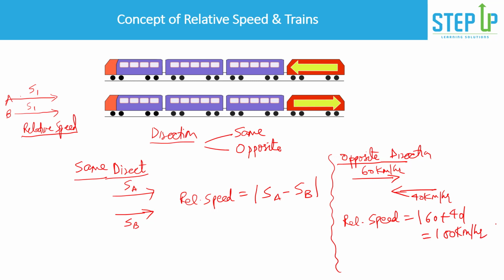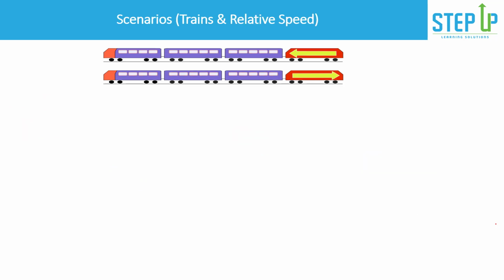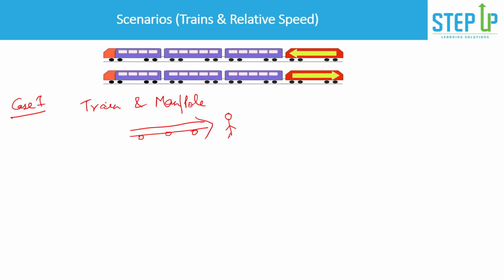On the same concept, there are some scenarios especially on trains. So let's discuss some of those scenarios. Now in exams, there is case 1, which is the case of a train and a man or person or pole, whatever that is. They say there's a train going in a certain direction, and there's a pole or a woman standing stationary.